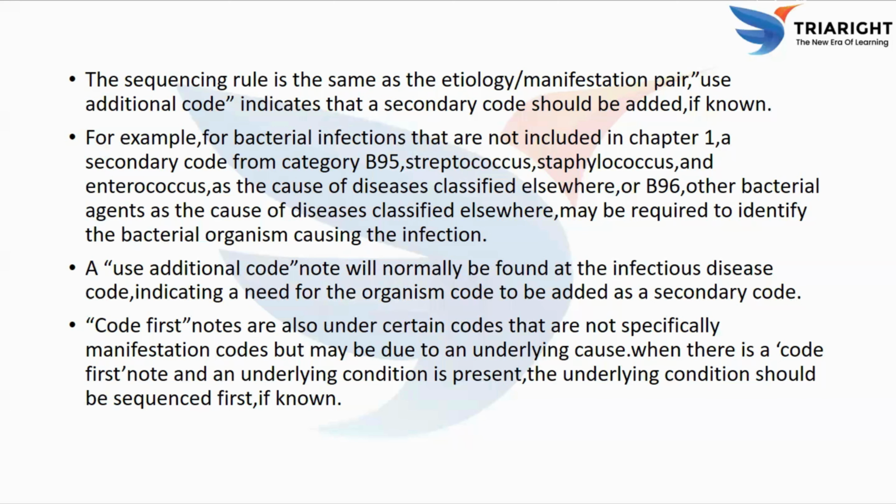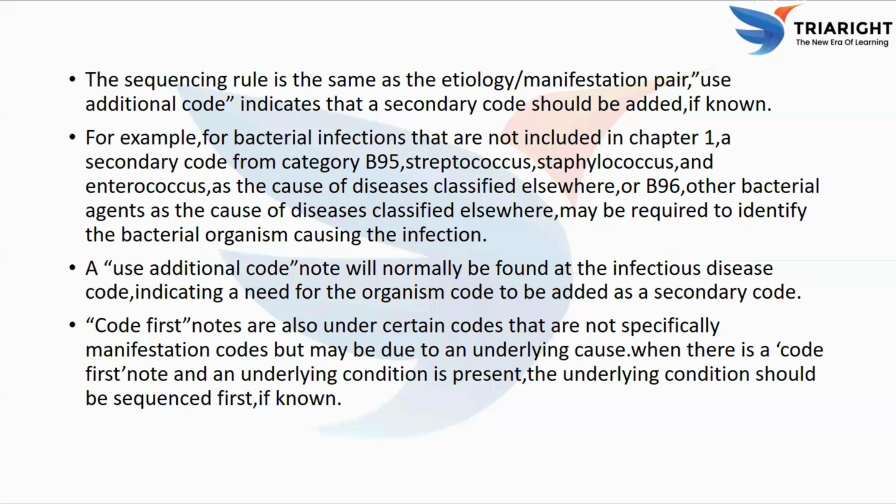Code first note. What is meant by code first note? It is found under the manifestation codes. Manifestation is nothing but the effect of a disease. It means code the underlying cause first, then the condition. You have to just remember this point: always code the underlying cause first, then only code the manifestation or condition.